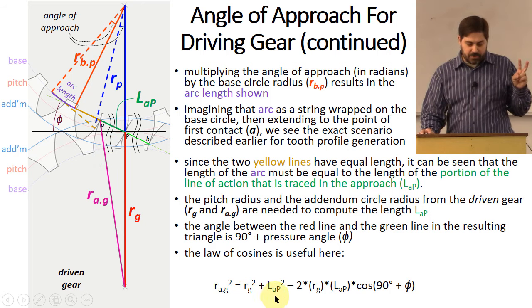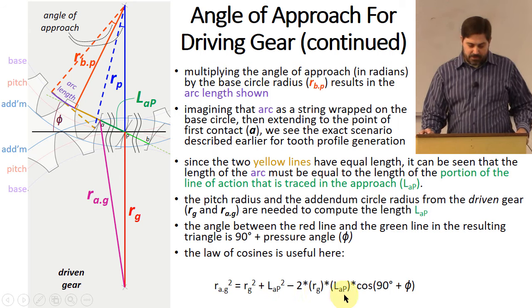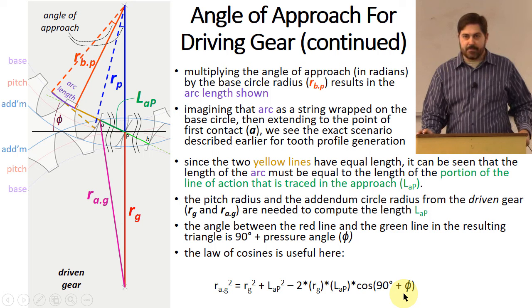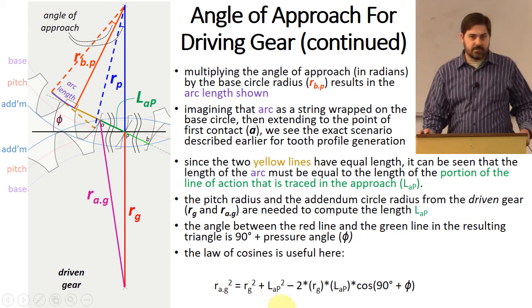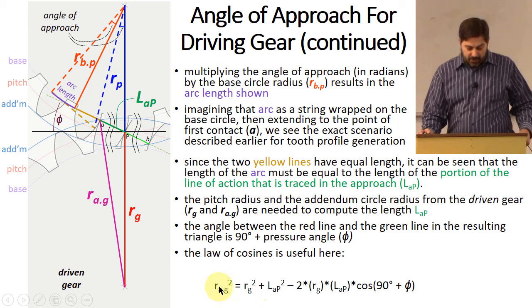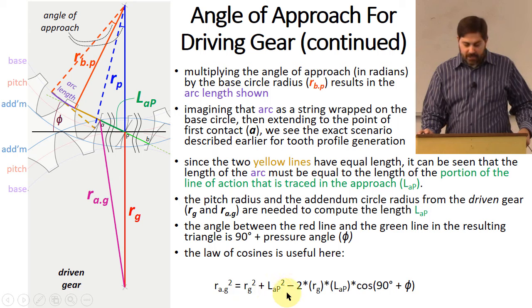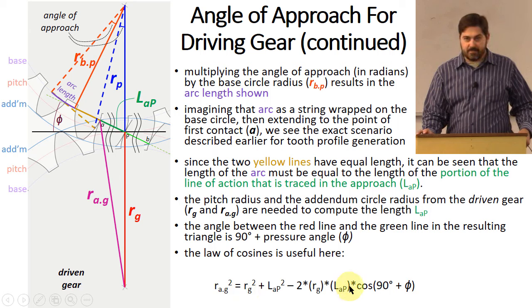You've got your other two sides listed here. 2 times the other two sides multiplied together, multiplied by the cosine of the angle between those two sides. In this equation, what is it we're actually looking for? And what do we know? We know everything except LAP, right? So we can solve for LAP.